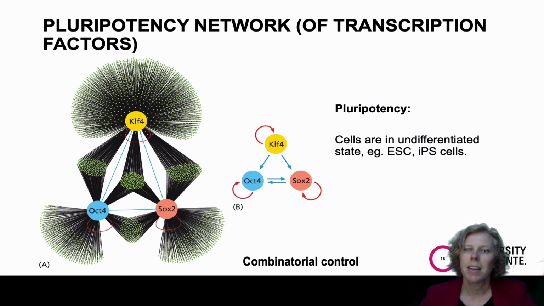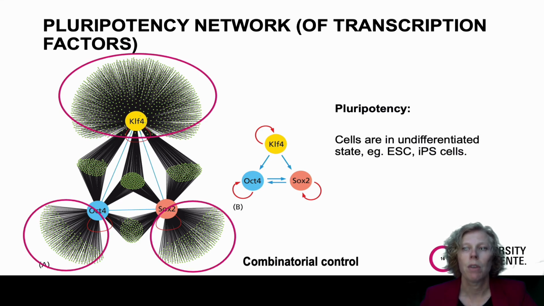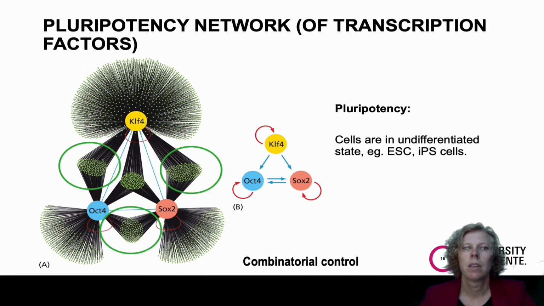The lines that link each regulator to a gene represent the binding of the regulator to the regulatory region of the gene. Here you can see groups of genes that are regulated by only 1 of these transcription factors, by 2 of the transcription factors, or by all 3.